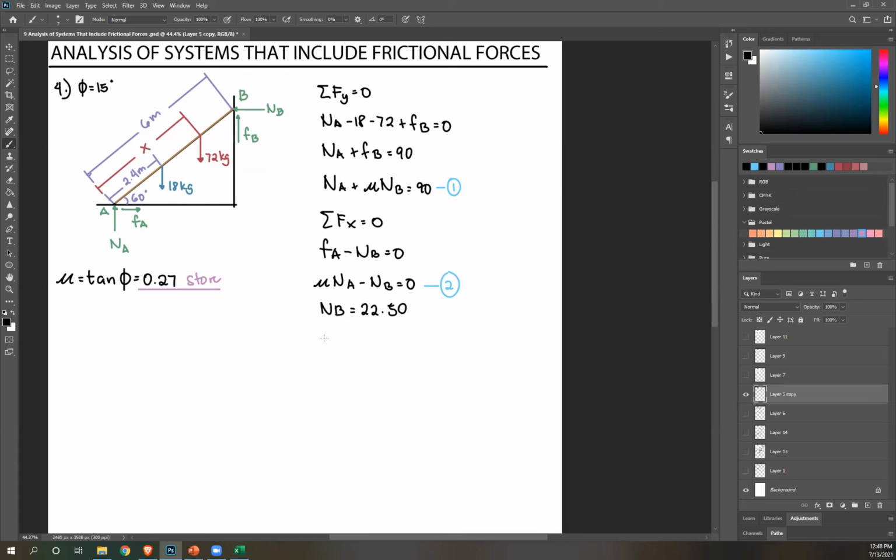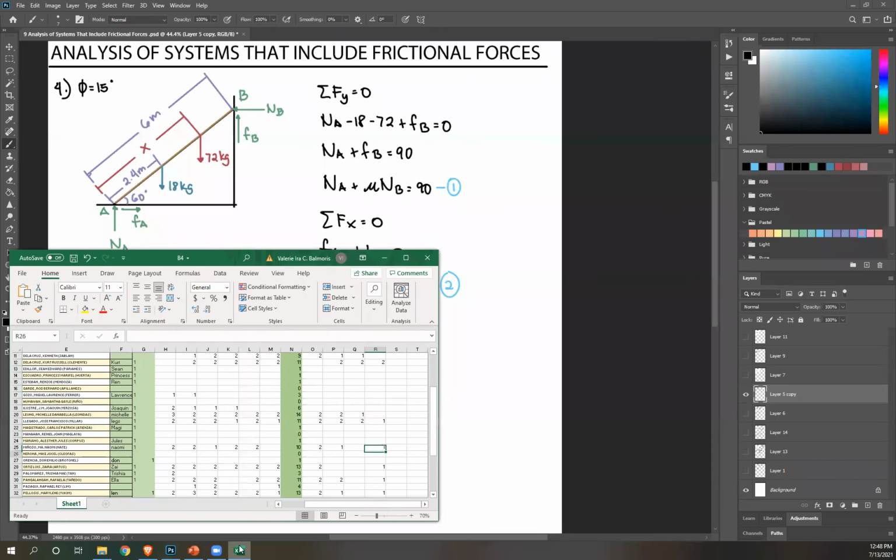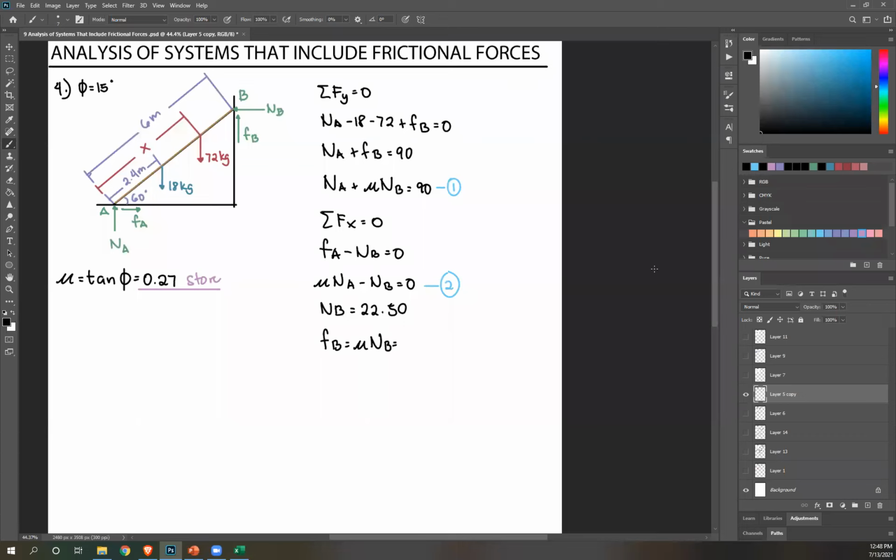And then we also need FB. And FB is just mu NB. So what's FB? Correct. 6.03.